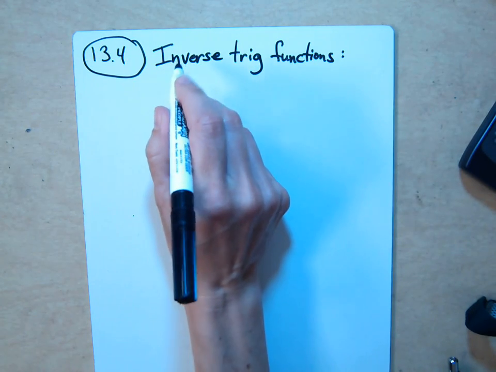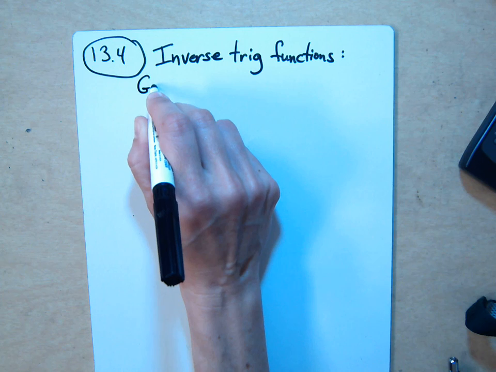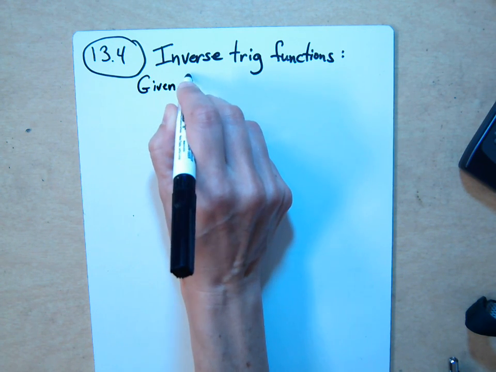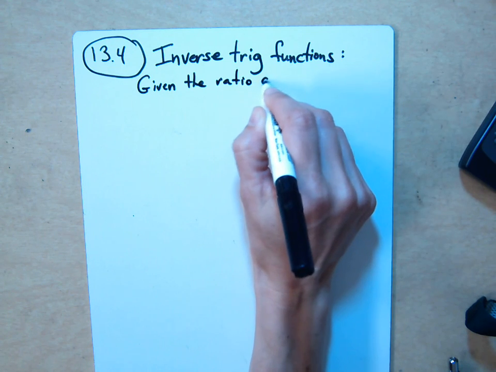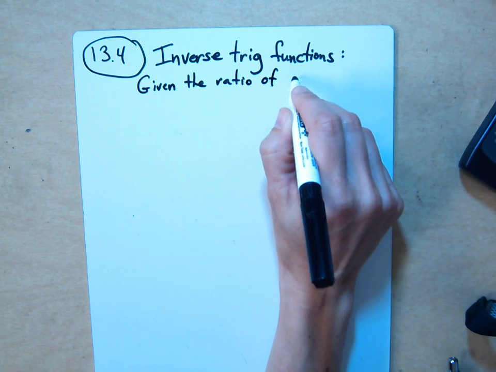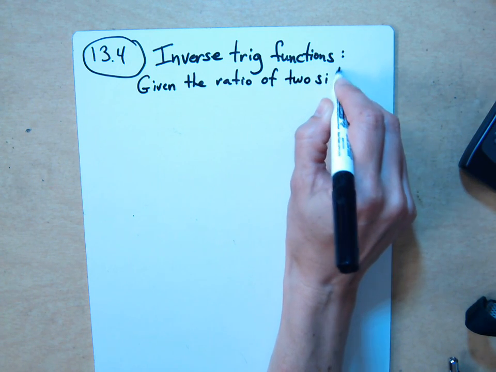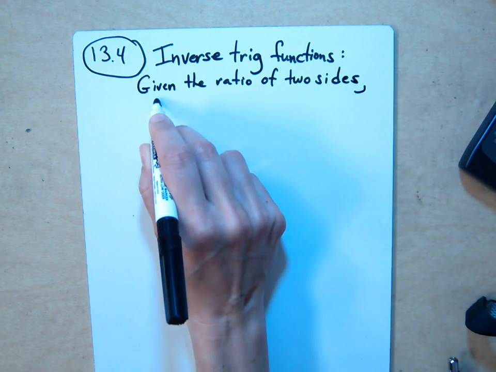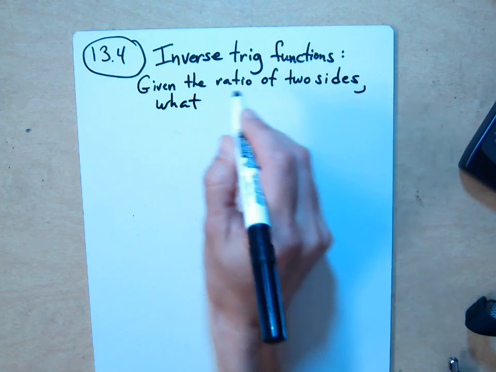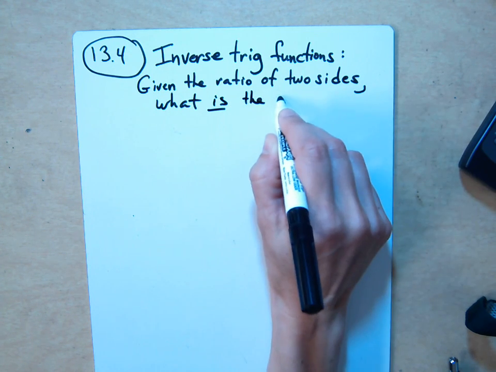So this time it means, given the ratio of two side lengths of a right triangle, what is the angle? It's like Jeopardy. It's like going back the other way. What is the angle?